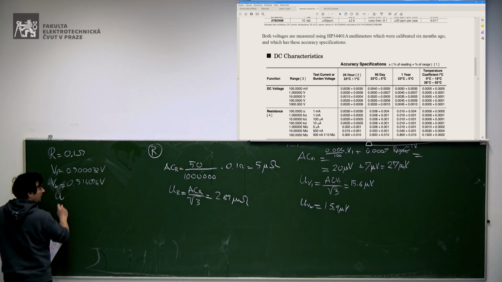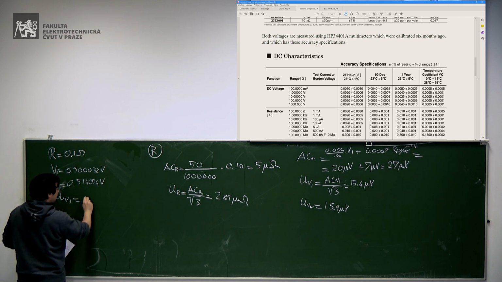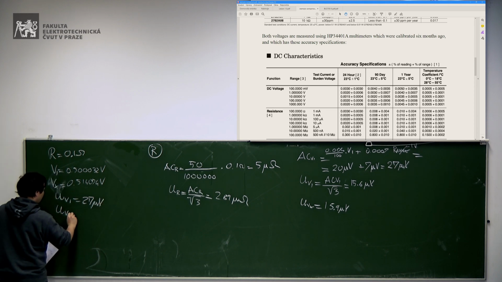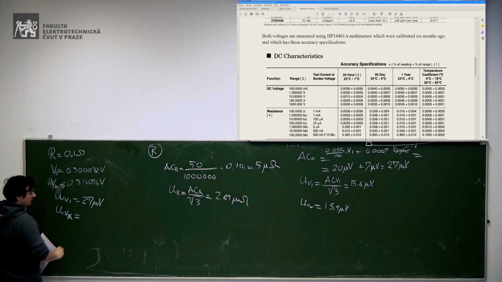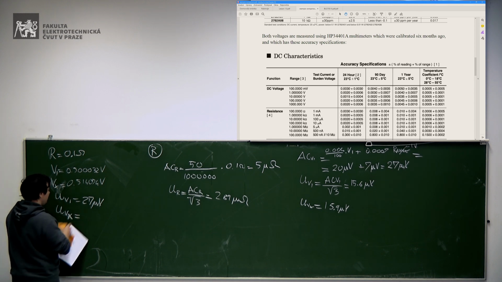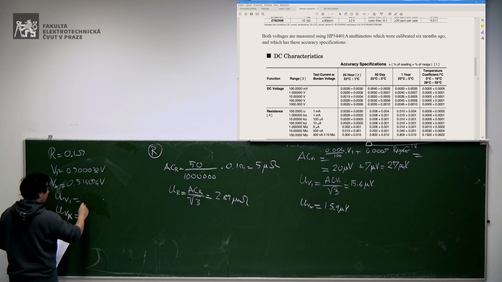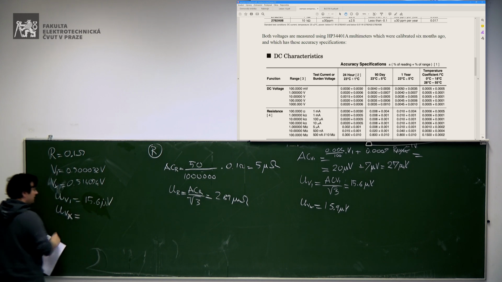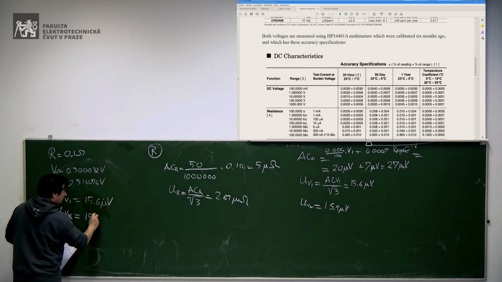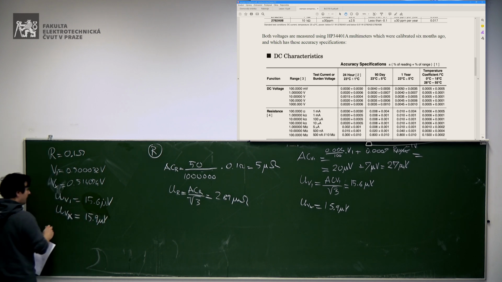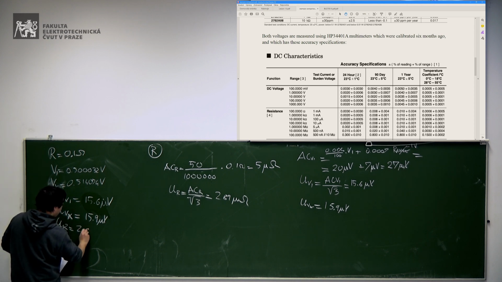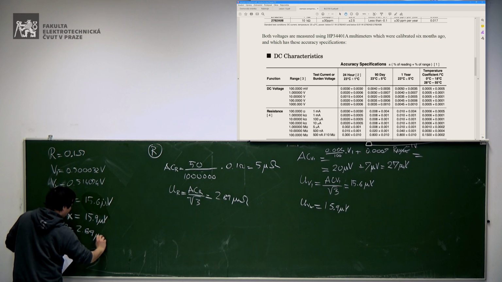The uncertainty of V1 is, no, sorry, it's not 27, it's 15.6 microvolts. The uncertainty of Vx is 15.9 microvolts, and the uncertainty of the resistance is 2.89 micro ohms.